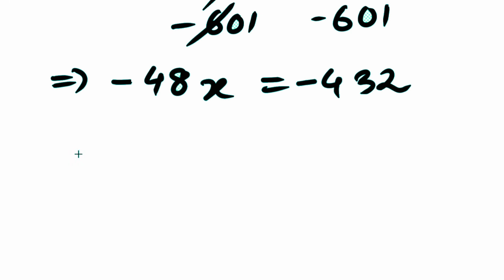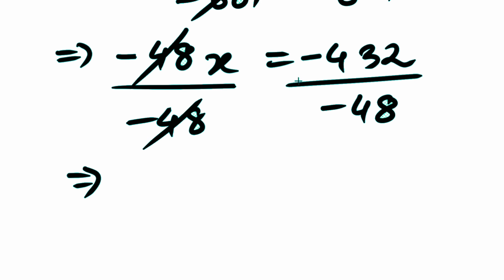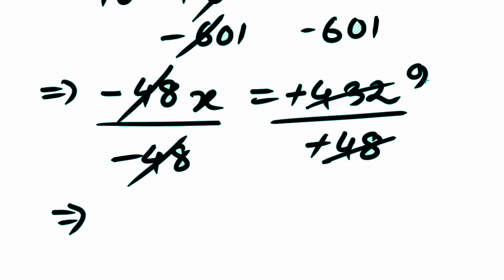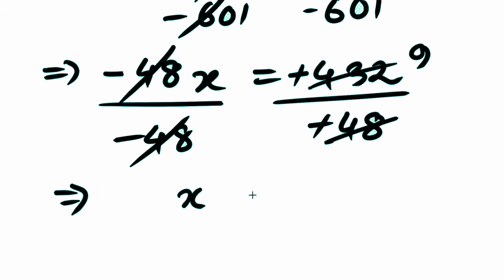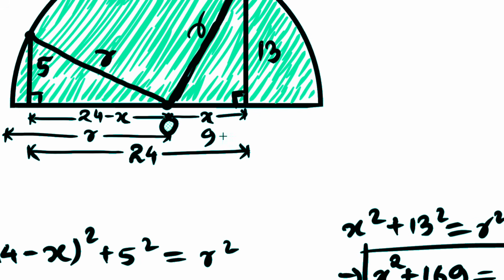Now, divide both sides by negative 48. The negative signs cancel, and 432 divided by 48 is 9. Therefore, x equals 9. That gives us the horizontal distance from the center to the right vertical segment.